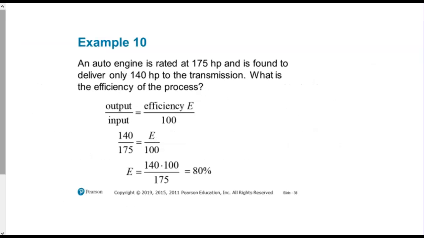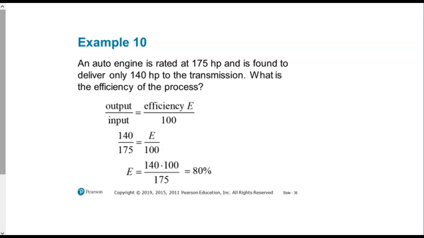Looking at efficiency for this problem, we've got an automobile engine. It's 175 horsepower, and it only delivers 140 horsepower to the transmission. So it's looking for the efficiency of the process. Again, output over input. This is pretty much a simple substitution type of problem.